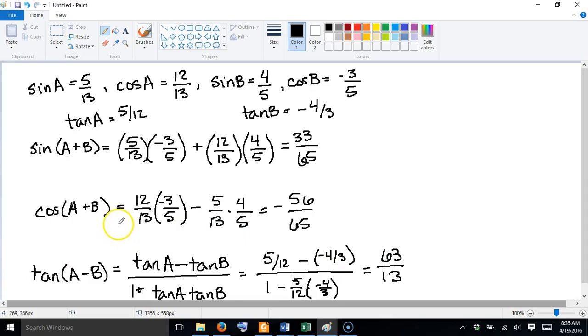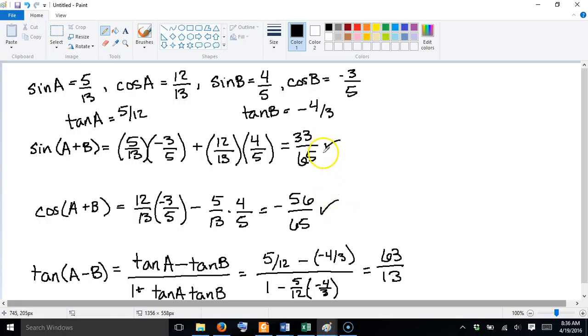But now the last part of this problem is asking us to find what quadrant A plus B is in. So to do that, what we're going to do is use the fact that sine of A plus B is positive and cosine of A plus B is negative.